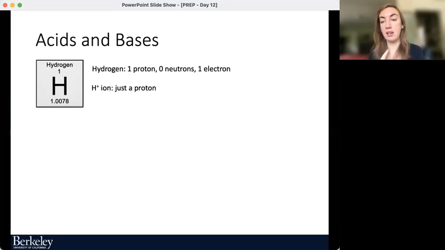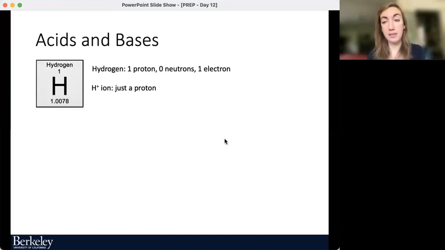If I say a proton is floating around in solution, that's the same as an H+ ion. An H+ ion is literally just 1 proton floating around. It has a nucleus that has 1 proton and no neutrons, and then it has no electrons, so none of those electron shells.